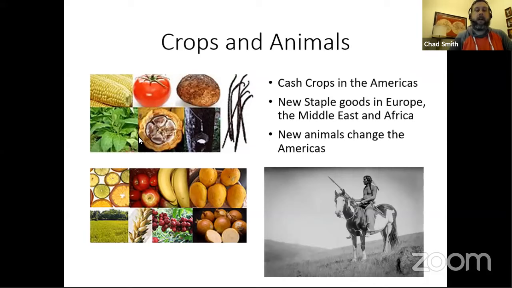As we mentioned before, millions of Africans were taken out of Africa, and along with them came such goods as okra and rice, changing the development of food in the Americas. Another important thing that came to the Americas were animals. Europeans brought with them pigs and cows and horses, which radically changed the economy and culture of the Americas.